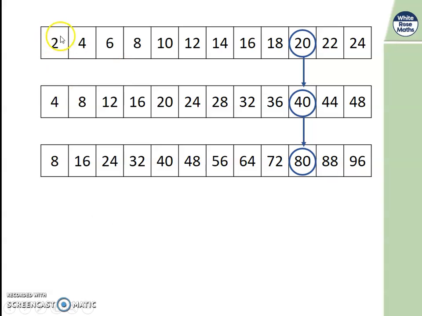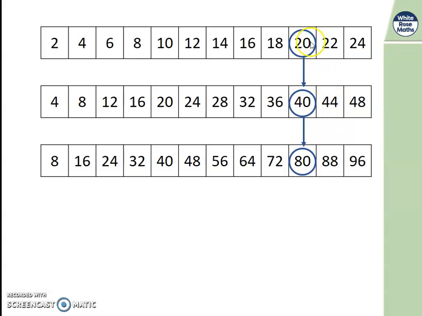We know that 2 times 10 equals 20, 4 times 10 equals 40, and 8 times 10 equals 80. So what can you tell me about each one of these numbers? What is happening on each line?